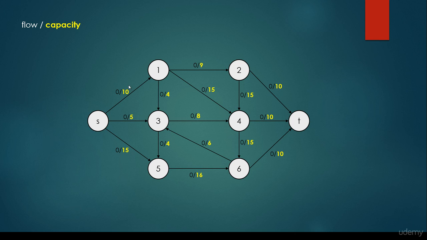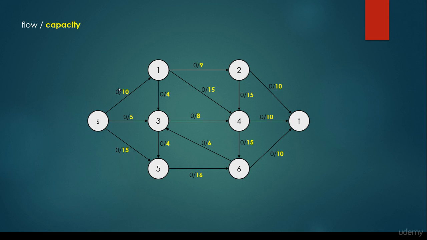As you can see, the capacity of this edge is greater than the capacity of this edge. It is able to flow twice as much water as this edge, and this edge is capable of flowing 3 times more water than this edge. So the capacity is like the capacity we consider in physics, for example with electric currents, the upper bound of a flow.